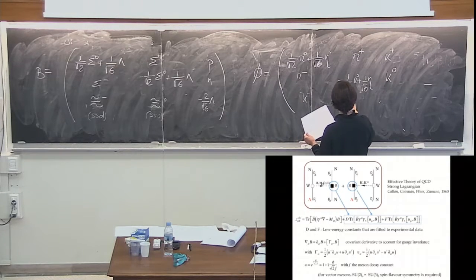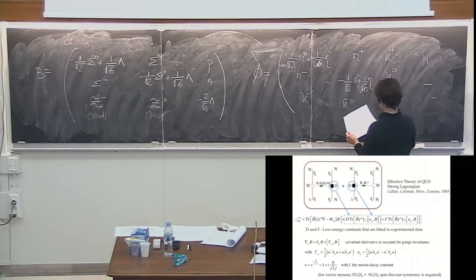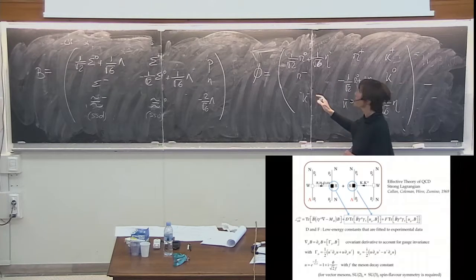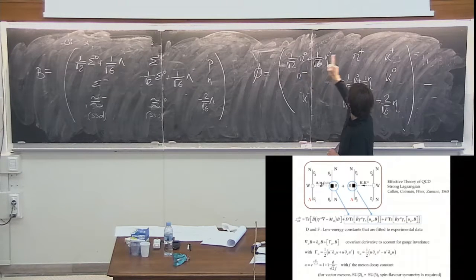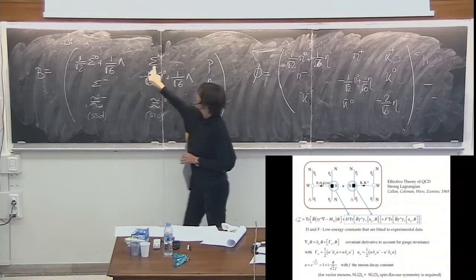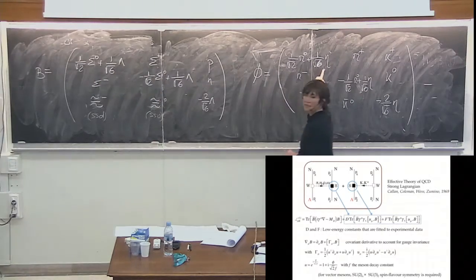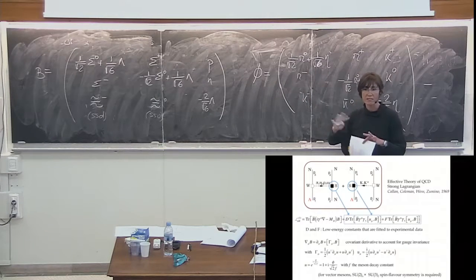K minus, K bar 0, -2 over square root of 6 eta. Okay, so you basically see the equivalence, right? The isotriplet, pions, the sigmas, the isosinglet lambda, the isosinglet eta, etc. Okay, so this is the equivalence.